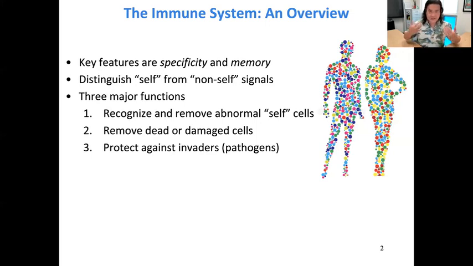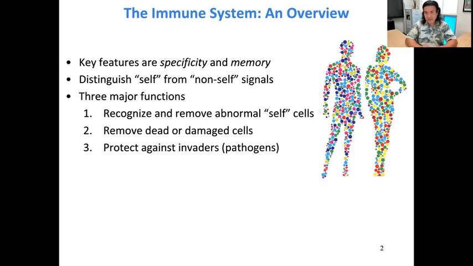Cells that are constantly dying off as part of their normal cell cycle. They have to be removed because otherwise, they would just build up in your body. And third is our immune system is focused on protecting against invaders like pathogens.